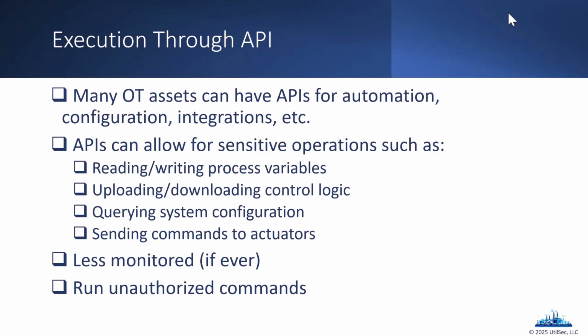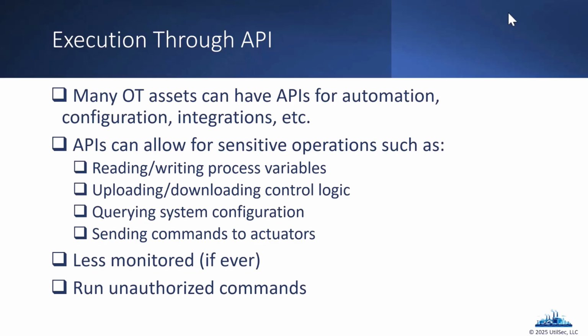We do talk a lot in the IT world about API cybersecurity, but there's almost no talk in OT about security around APIs. But if you look at what those APIs are actually being used for, or what they could be used for, you start thinking, yeah, we really need to be having these conversations.